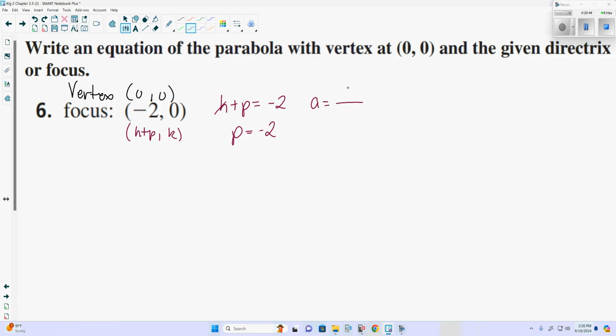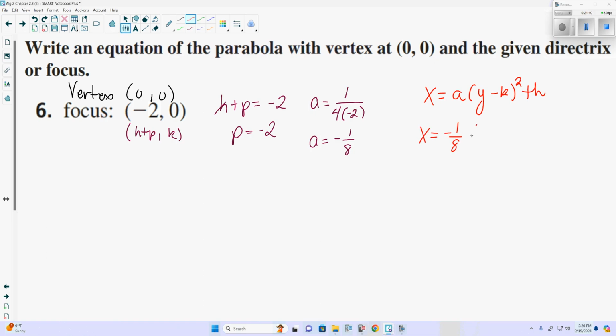Which means a is 1 over 4 times p, 1 over 4 times negative 2. So a is negative 1/8. Now because we have h plus p comma k, our general form is x is equal to a times y minus k squared plus h.